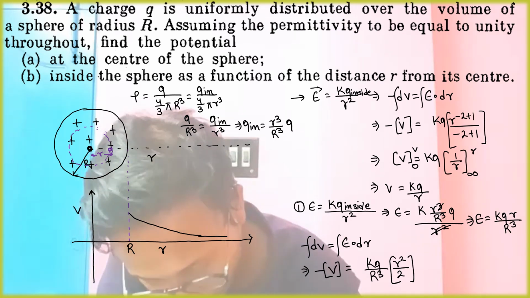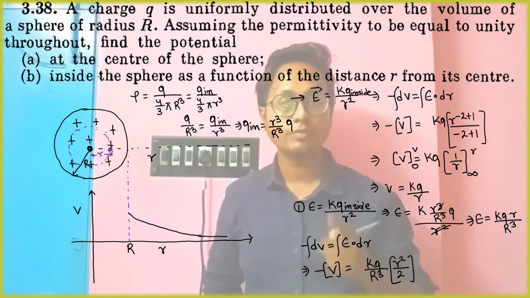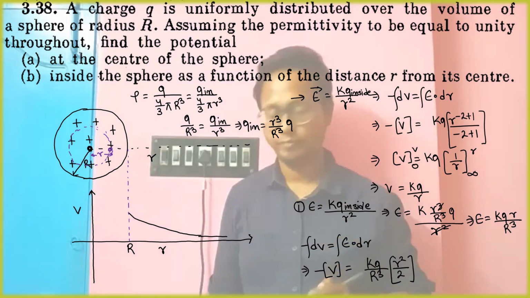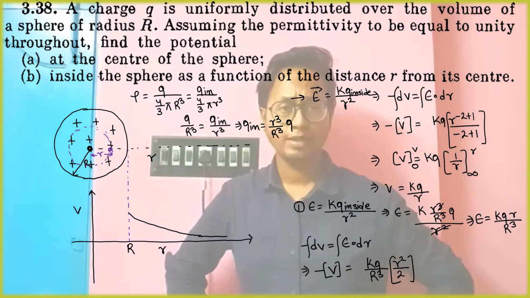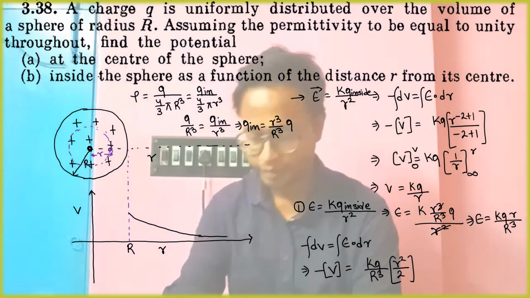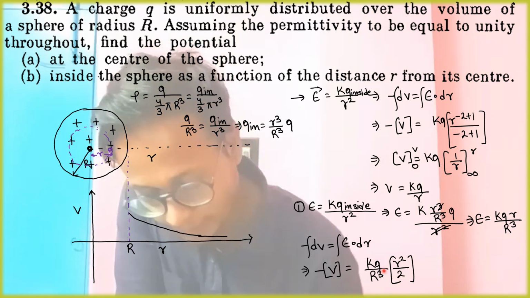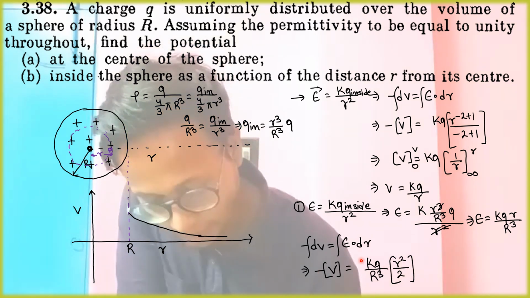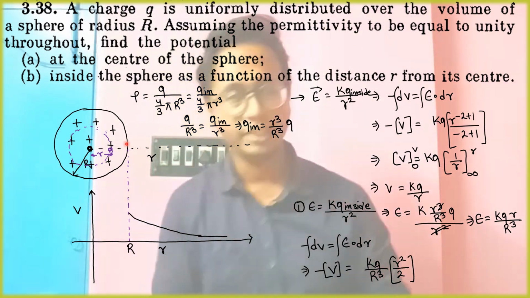Now listen to me carefully. I have to put the limits of this integration. Now what is my reference point? I have to find a reference point, no? See, I cannot use infinity as the reference point with this formula, because this formula is not valid for infinity, no?